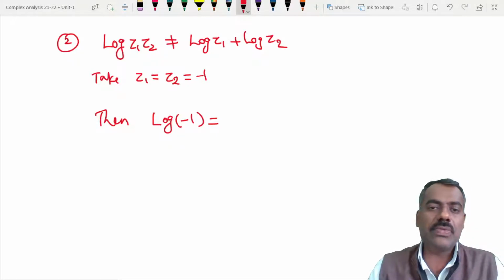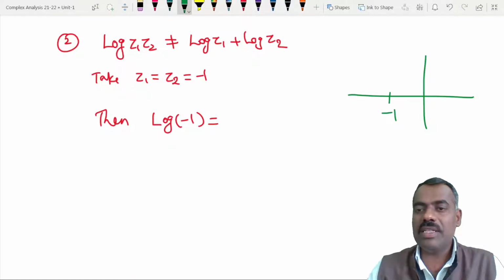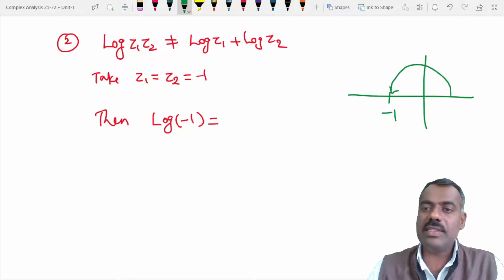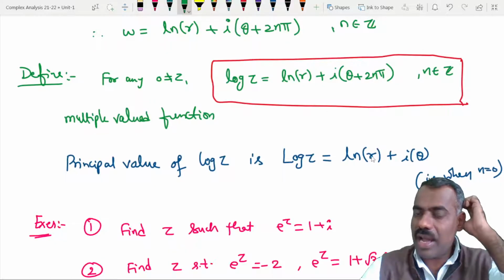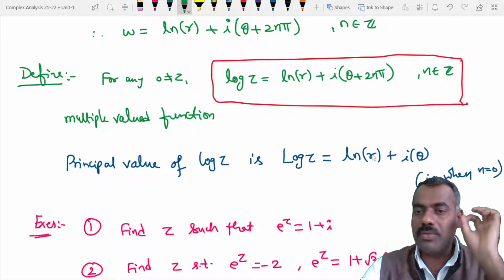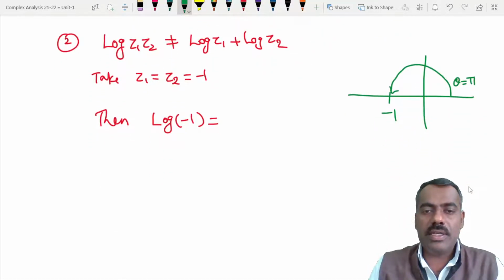Because it is minus 1, the angle here is theta equal to pi. So this is the natural logarithm of r, where r is 1, so natural logarithm of 1 plus i times pi. The modulus is 1, plus i times the principal argument, which is pi.